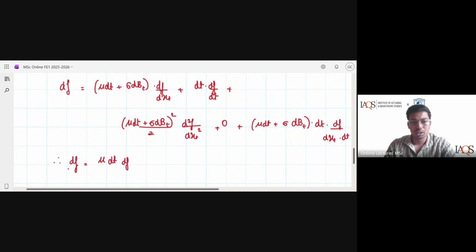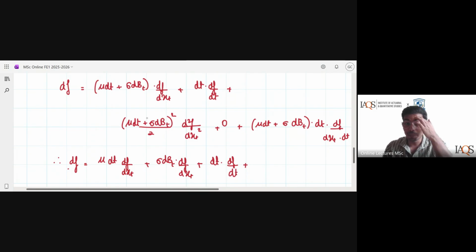Mu dt df by dxt plus sigma dbt df by dxt, plus the third term, which I don't know what to do with, so I'll let it be as is. Now the fourth term: a plus b the whole square opens as a square plus 2ab plus b square. A square is mu square into dt square, which will be 0. 2ab is 2 into mu dt into sigma dbt, and dt into dbt is 0, so even this 2ab term will go off.